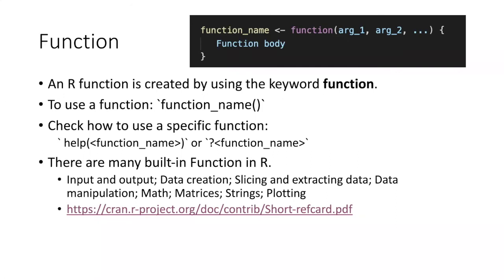This link is a reference or cheat sheet that covers the majority of the base R functions, categorized into different sections. Like this part is for math, and another part is for matrices. Be sure to check this out and scan through it, at least so you know those functions exist. Later, if you want to use one, you can just go back to this reference to easily pick up the function you want to use, okay?